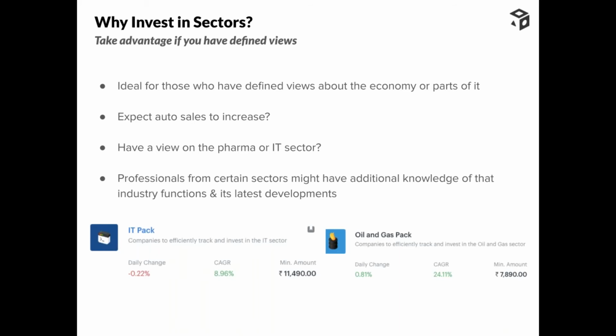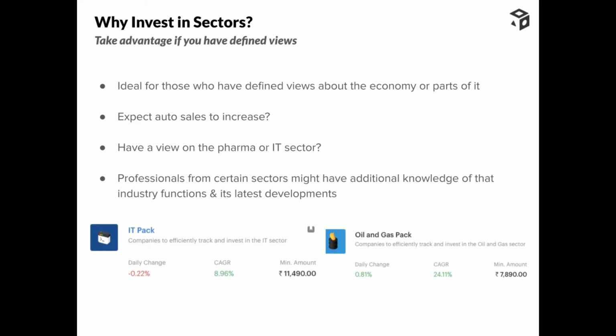For example, if you think oil and gas, the overall industry in India, will do well. Now, you could think that for many reasons. It could be due to a decrease in oil price. It could be due to global tensions in the oil market regarding its supply.